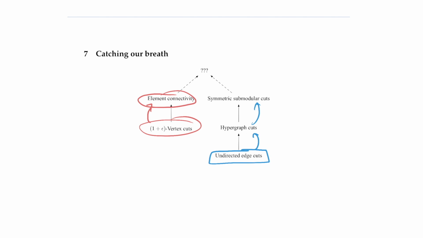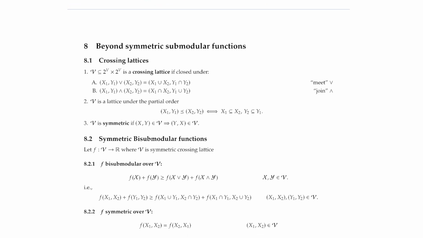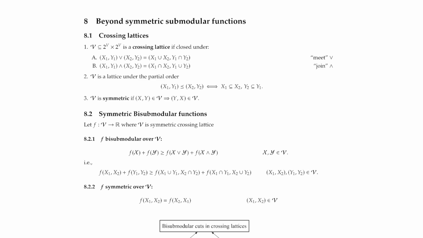And so there's the question of whether there is any way to unify and understand all of these problems at once from a clean, comprehensive perspective. So this is where we bring in some of this abstract framework.